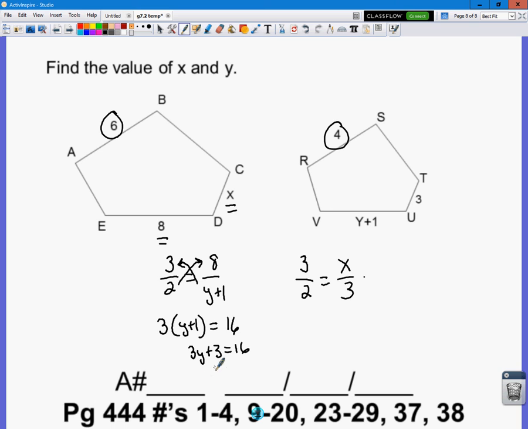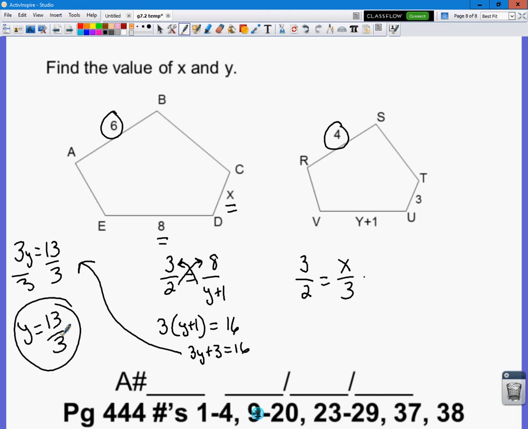Which means that 3y is equal to 13. And I'm just going to come over here and finish this out. 3y is equal to 13, and then I would divide both sides by 3. And again, it is going to be easier for us if we leave this as an improper fraction versus some kind of repeating decimal, which is what I would get.